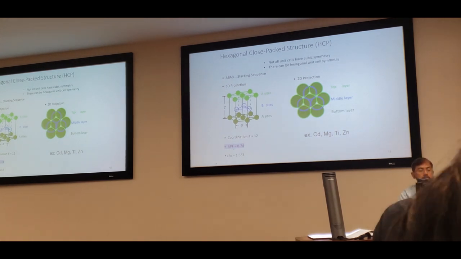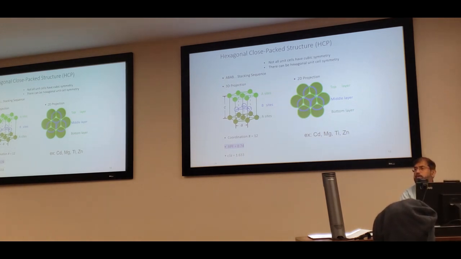And here again the coordination number is very similar to the face-centered cubic structure, FCC. Coordination number is 12, and the atomic packing factor is the same as that of the face-centered cubic structure, that is 0.74.